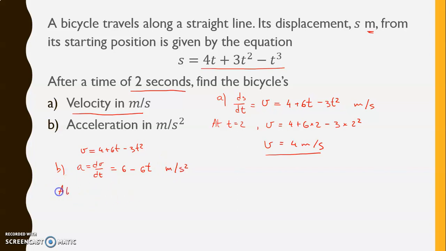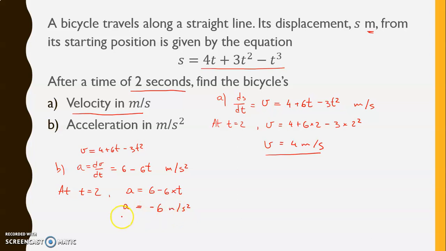But we are interested to find it at t equals 2. Therefore acceleration equals 6 minus 6 times 2. So we simply substitute t equals 2 in the acceleration function that we found. So the answer is negative 6 meters per second squared. Now, can we have a negative answer?